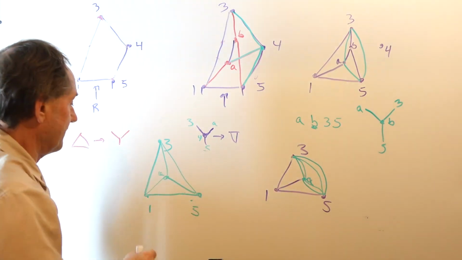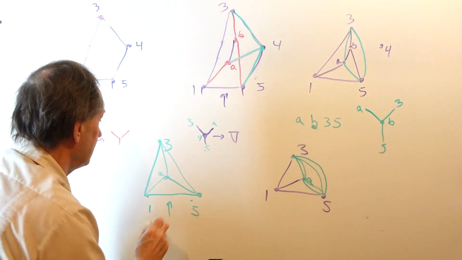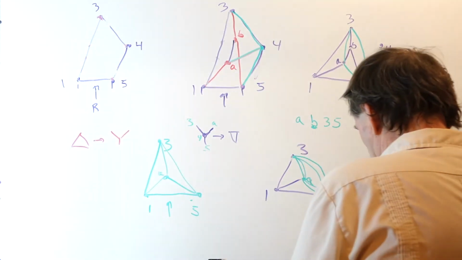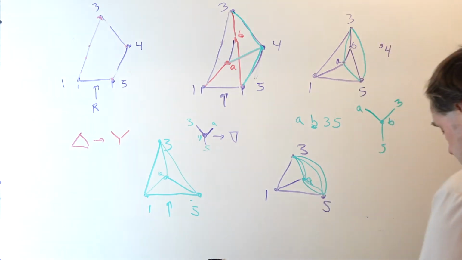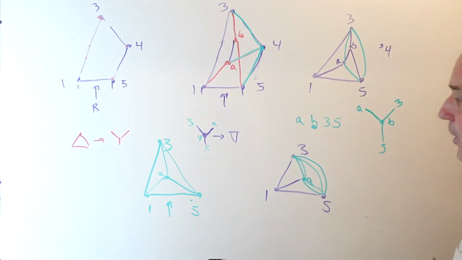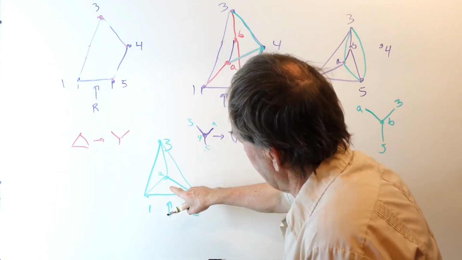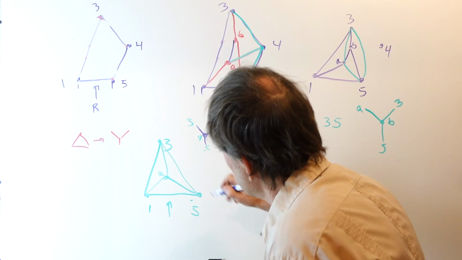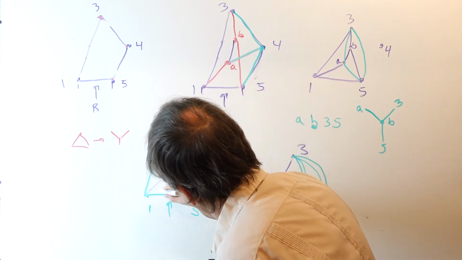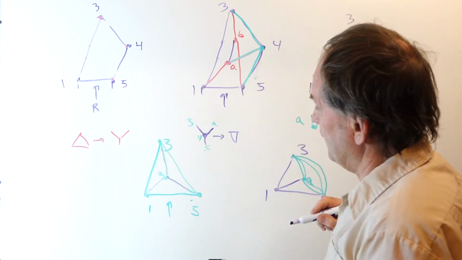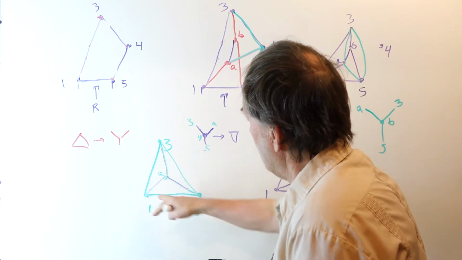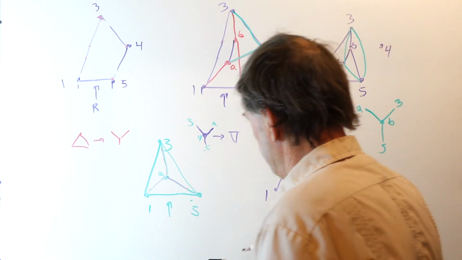So now we see we have a tetrahedron, and we're going to look in here. Now, we can do this one more simplification. If we choose this as being a Y, we can see if we convert it to a delta, we now have a network that we can solve.